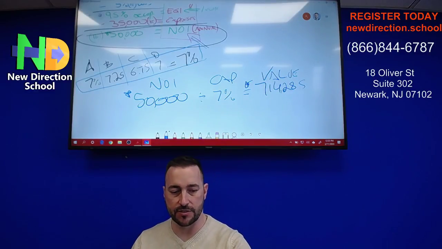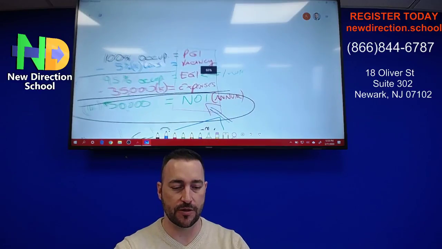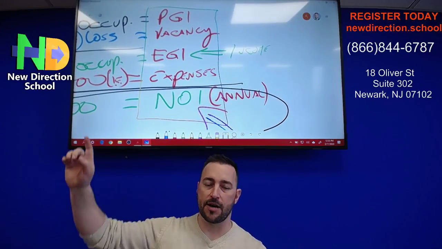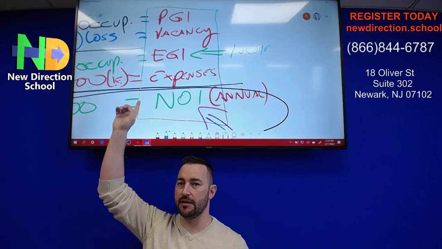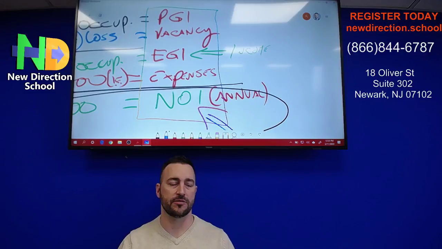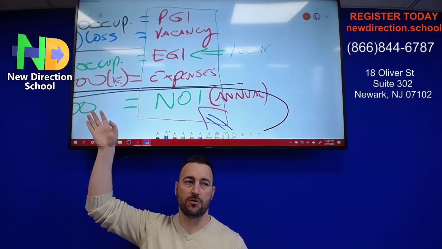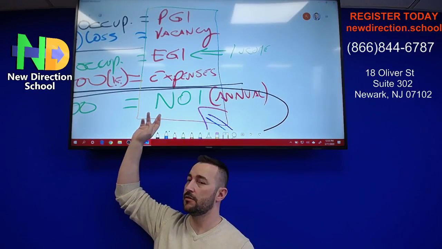You need to always reach this number. Like I said, you need to focus on this process: 100% occupied minus vacancy, EGI, minus expenses, NOI. Because the exam is either going to give you one or all of these pieces of information for you to reach NOI.